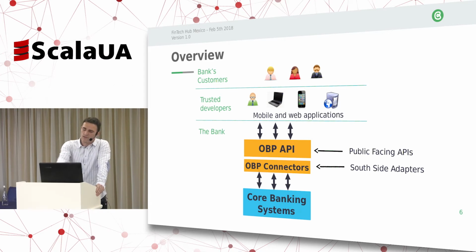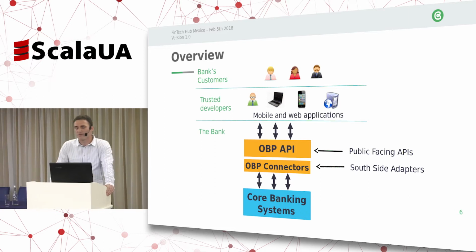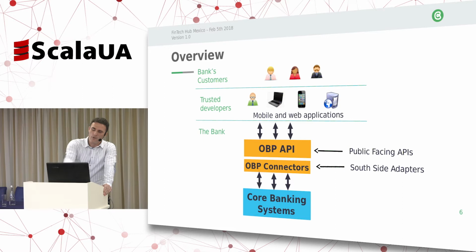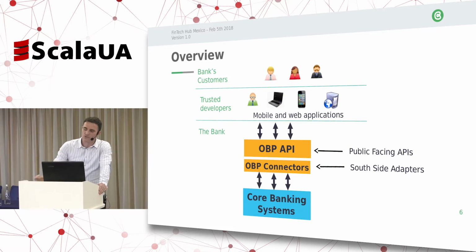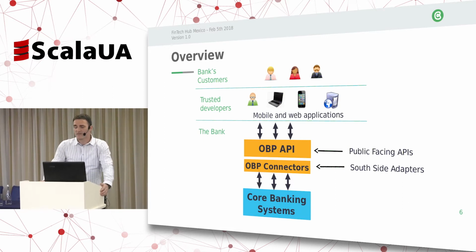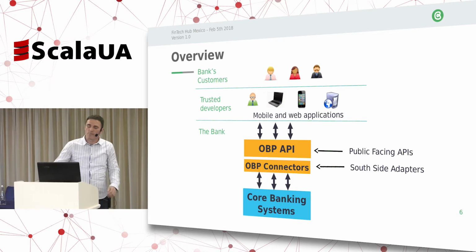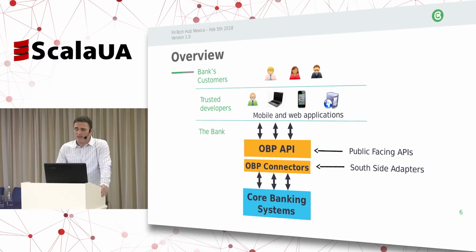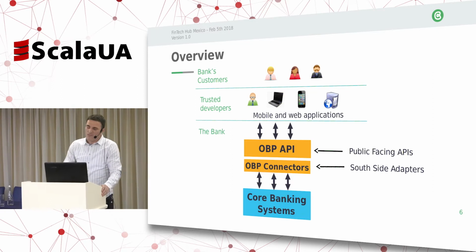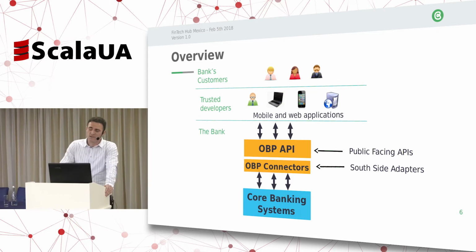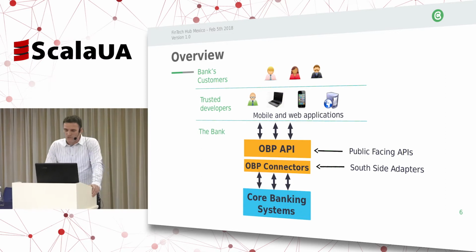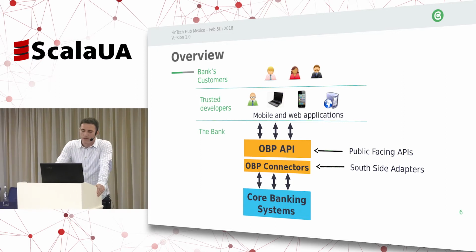As you can see, I divided our Open Bank Project layers in two parts. The first part is the public-facing APIs. The public-facing API is considered to be standardized and does not change over time.